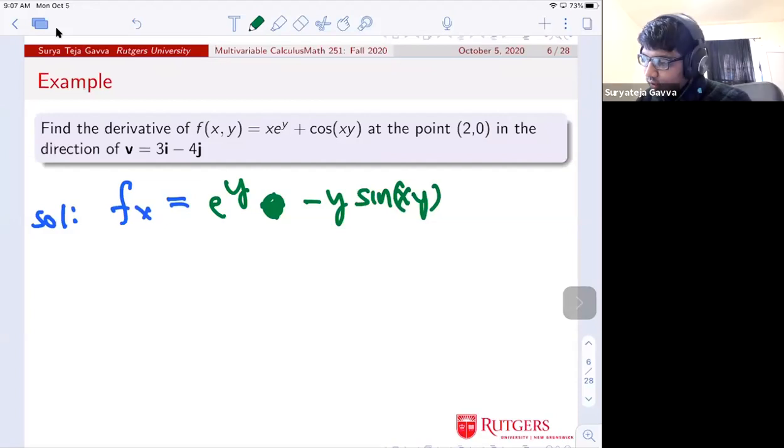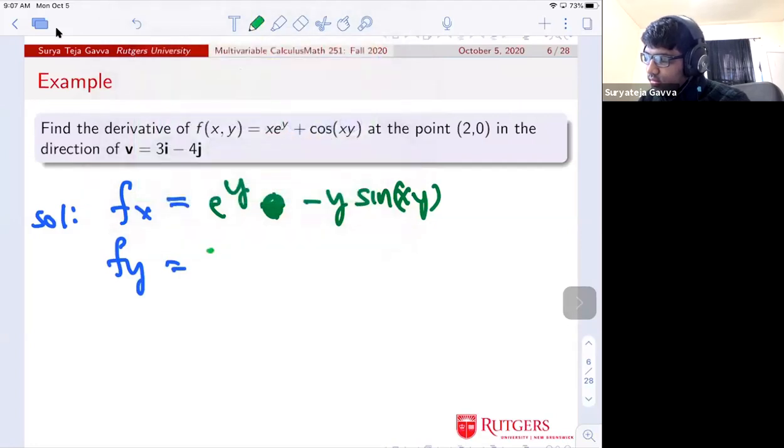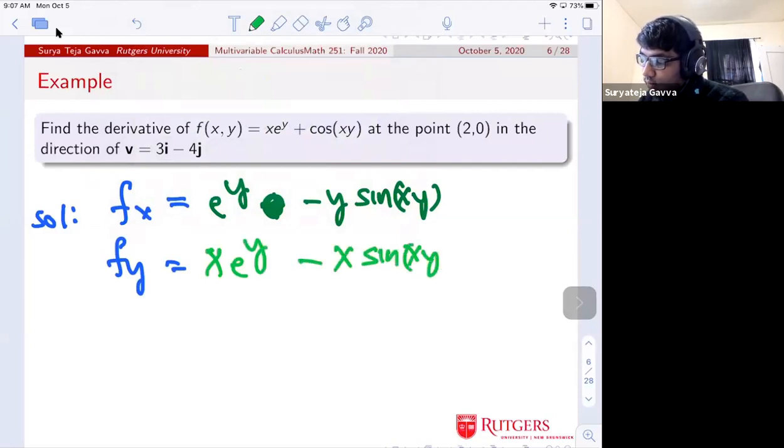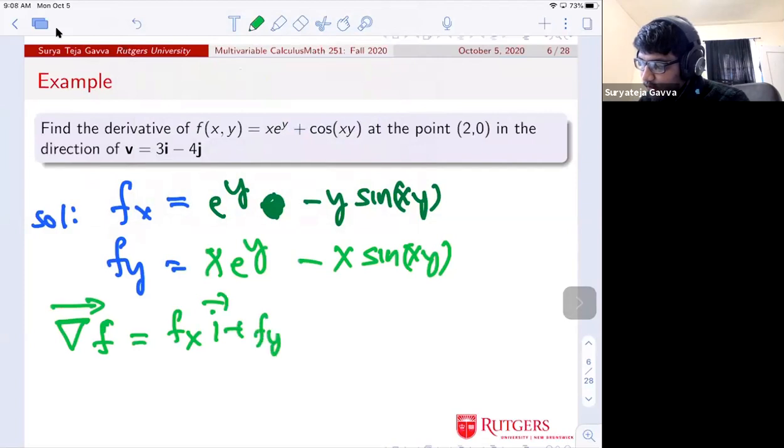Similarly fy is x exponential y minus x sine xy. So that is the partial derivatives. Now the gradient vector, this vector that you get, is fx i plus fy j.